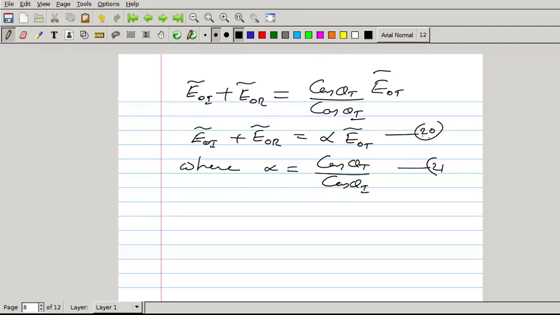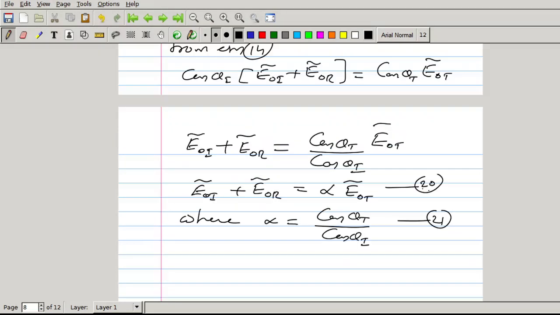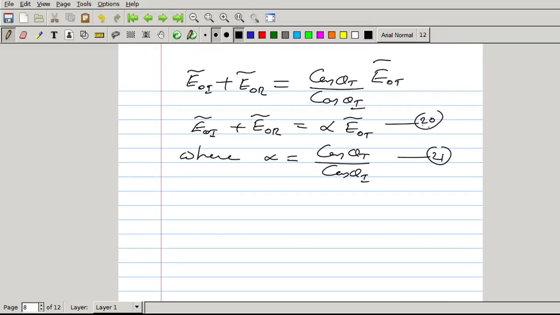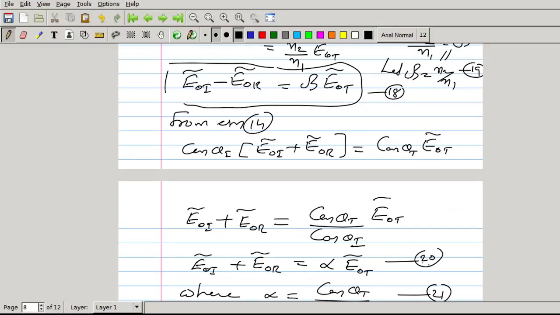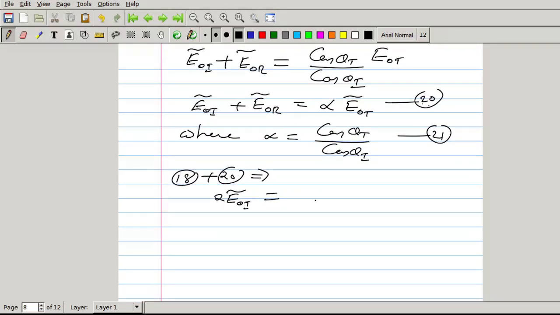This is equation 21. So we can write the amplitudes in terms of alpha and beta. If I simplify these two equations, 18 and 20, adding 18 and 20 gives 2 E0I equal to alpha plus beta into E0t.